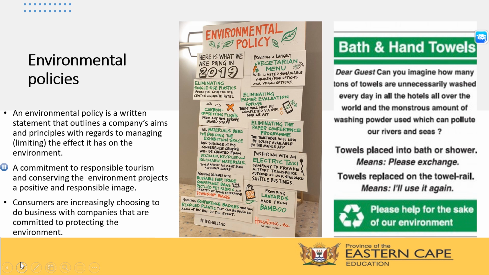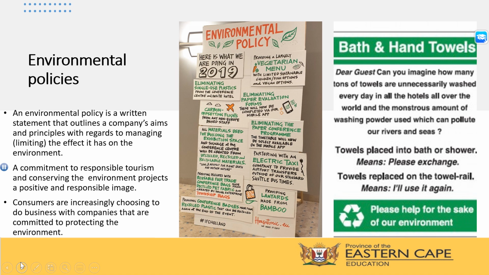On the right-hand side, you will see there is a policy of a hotel where they are encouraging guests not to have their towels washed every time that they are used, but to reuse them.